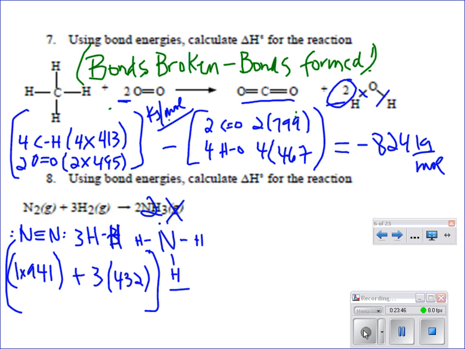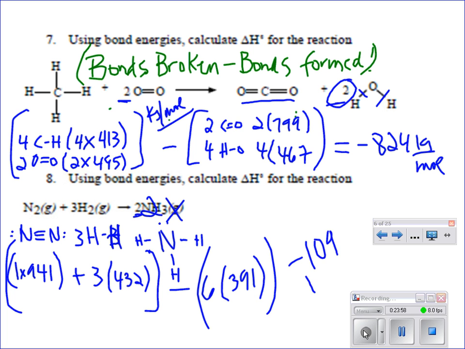There's 3 in the molecule, but I've got 2 out in front of it, so 6 times 391. Bonds broken minus bonds formed. So when you do it, you get -109 kilojoules per mole. Don't change the page yet. Close it back. Questions on this?